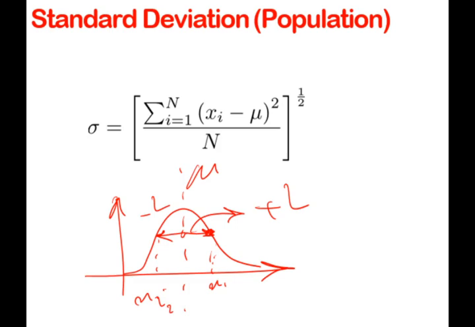So if you do it for every point on the two sides of the normal distribution, the summation of these will amount to what? All of these positive L's and negative L's equal 0. If it's a real normal distribution, it will be equal to 0. So you eventually come to a value of 0 for your standard deviation. That doesn't work.